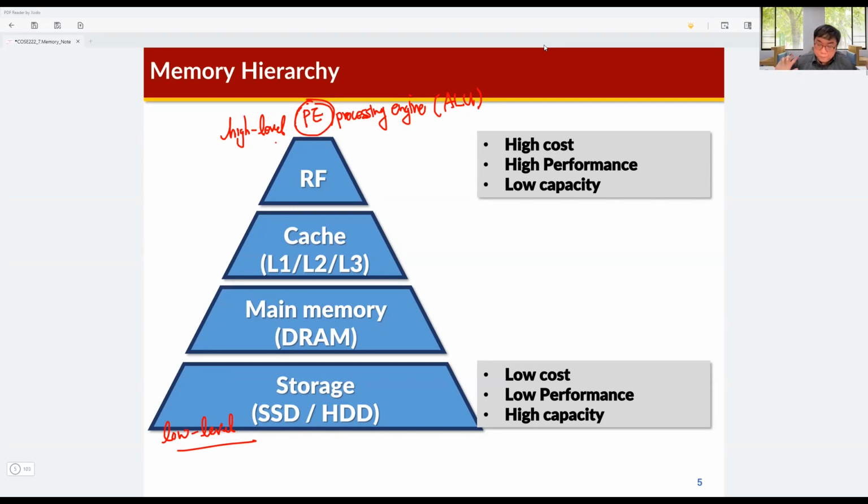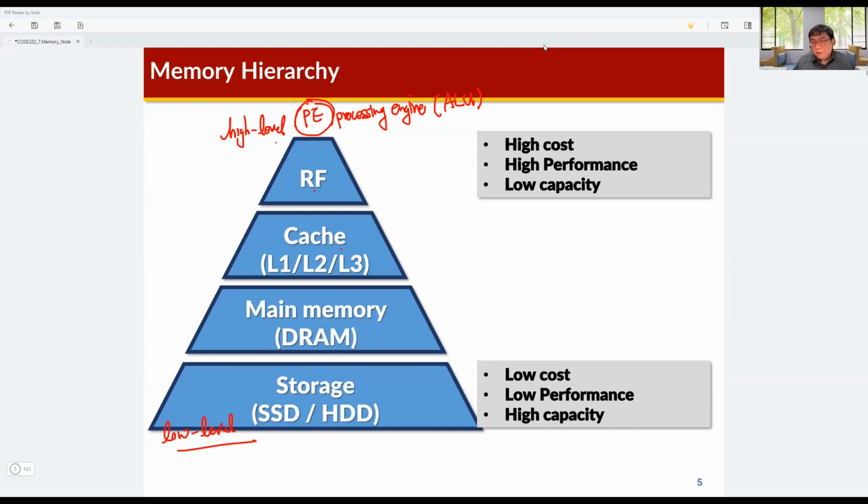In chapter 4, we learned that most of the data is processed by the ALU with the R-type instruction. So the processing engine is here, the highest level of the hierarchy. Then the register file is here. We have not learned about the cache yet, but cache memory is here. The main memory, like DRAM, is here, and storage is here.